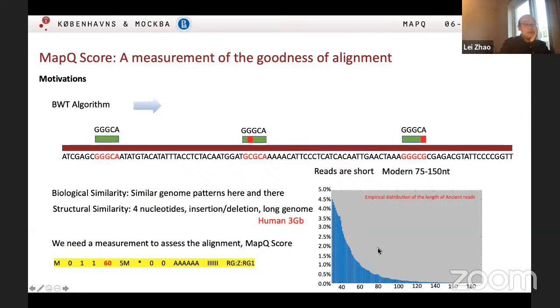So if you align this kind of read to the quite long reference genome, you will find more of these suspect aligned regions rather than just one. And that's why we want to introduce this MapQ score, to assess which position is the best position and how certain we are that this position is the right place, the place where this short read actually originates from.